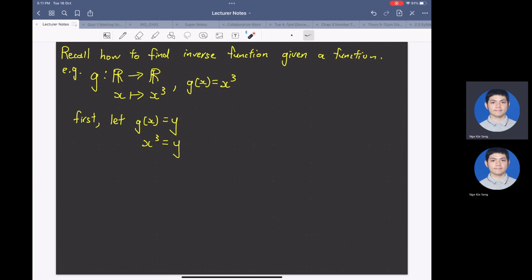Make sense or not? Both the domain and the codomain are R.